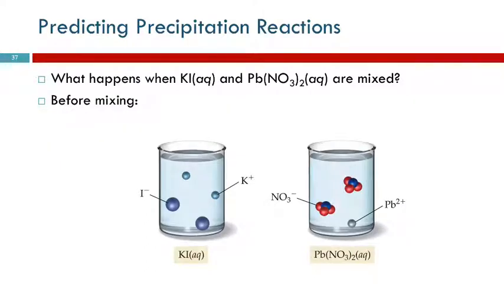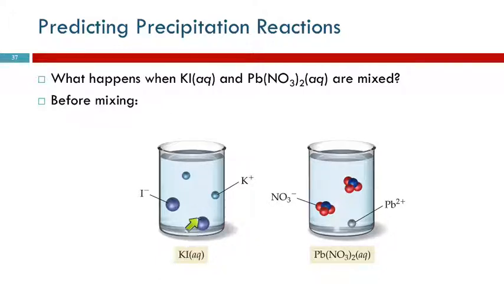So let's look at what happens when potassium iodide and lead nitrate are mixed. Before mixing, the potassium iodide has iodide ions and potassium ions, and they're swimming around. And over here, we've got lead ions and nitrate ions, and they're swimming around, they're soluble. I've told you before, I think of metals as masculine and nonmetals as feminine.